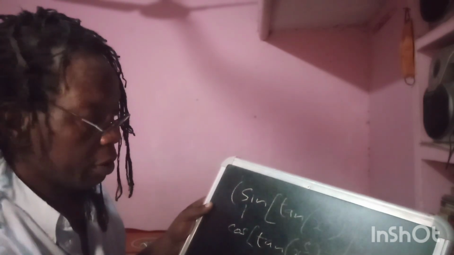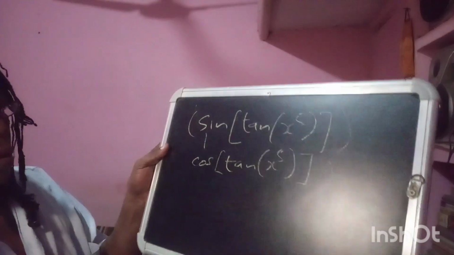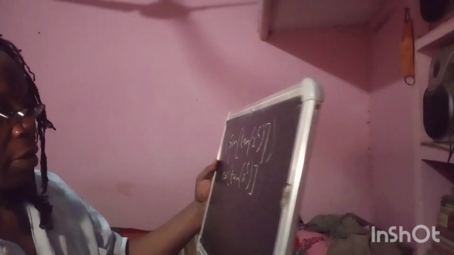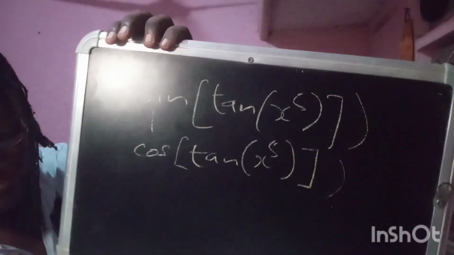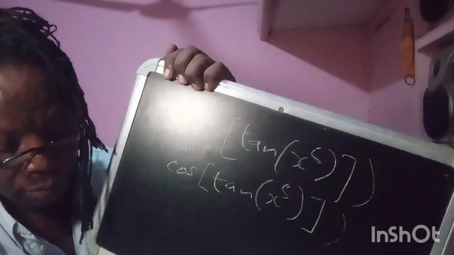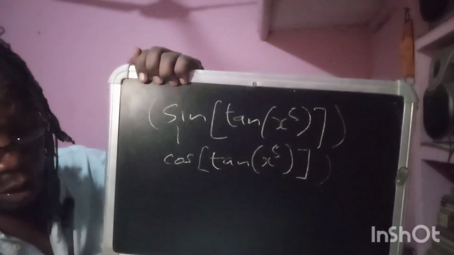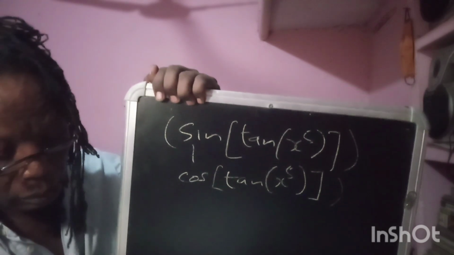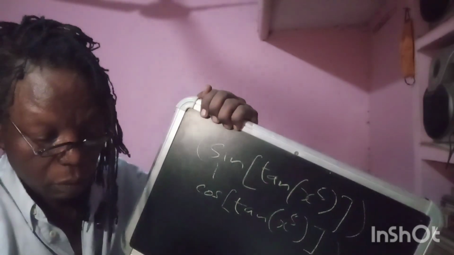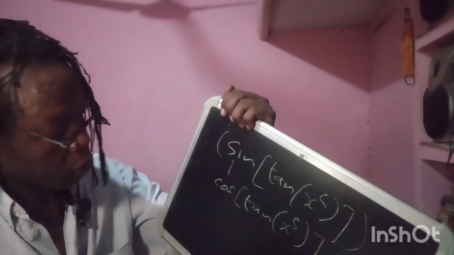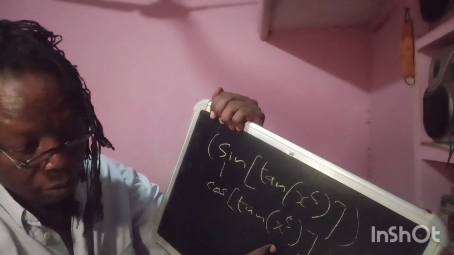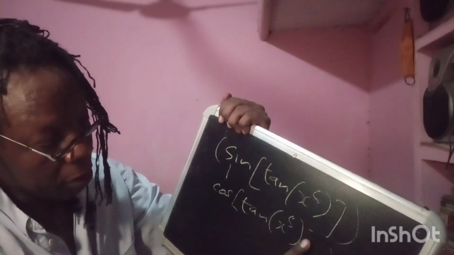This remains the same, the inside part remains the same. I hope we are right here. Yeah, we are right. So we have done this one, that's cosine of tangent x power 5, which remains the same here.